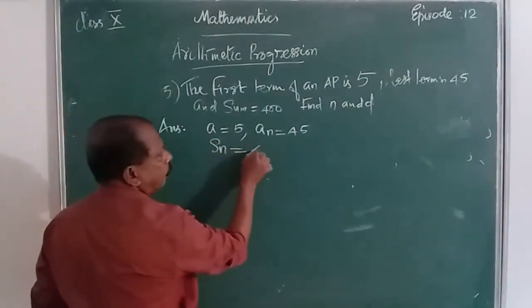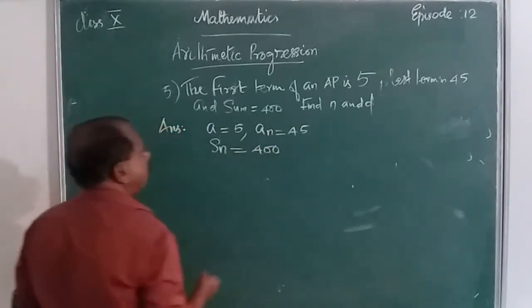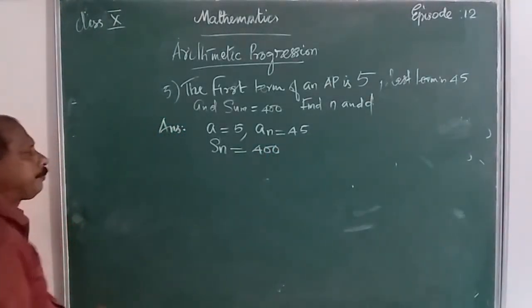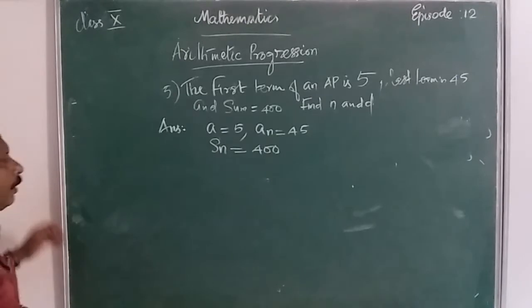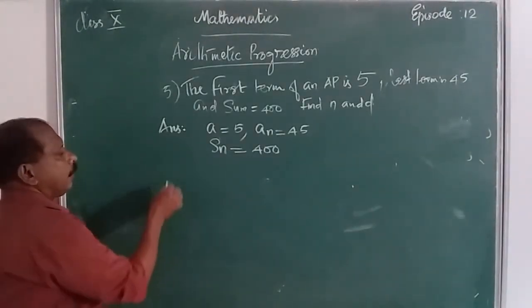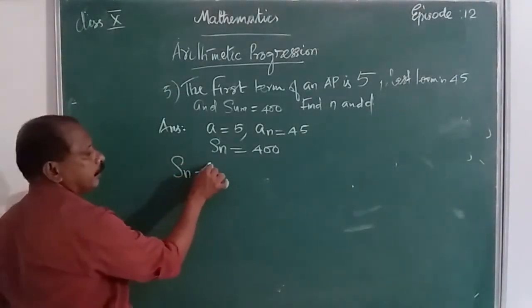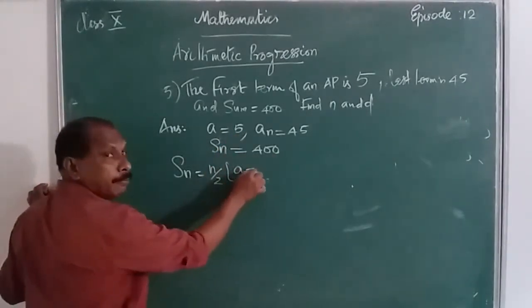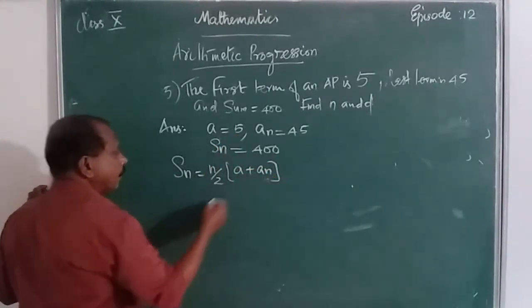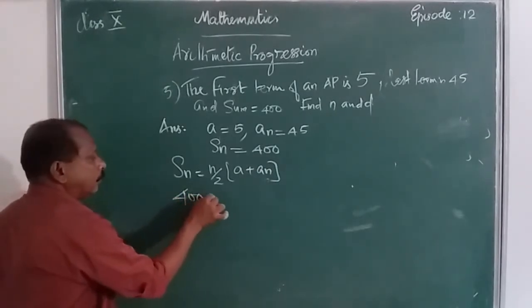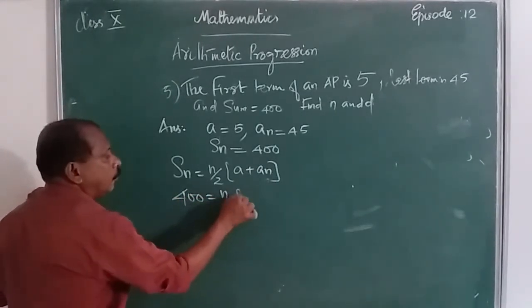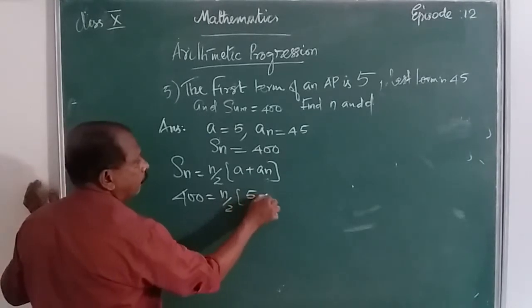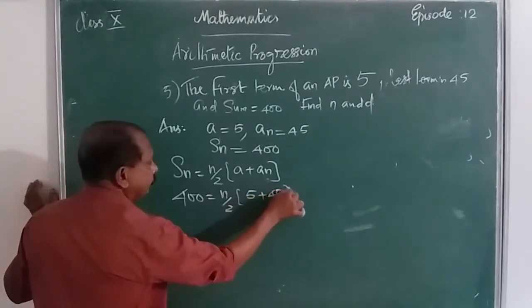Sn is equal to 400. Sn is equal to what? n by 2 into first and last are given, that is a plus l. That is 400 is equal to n by 2 into what is a? 5. What is l? 45.